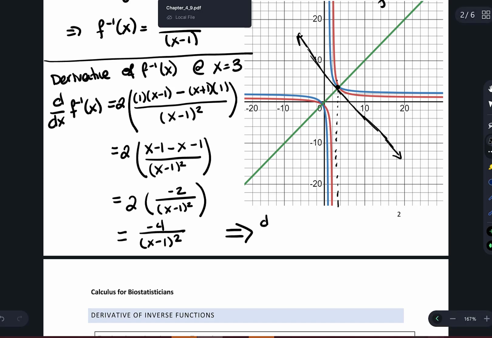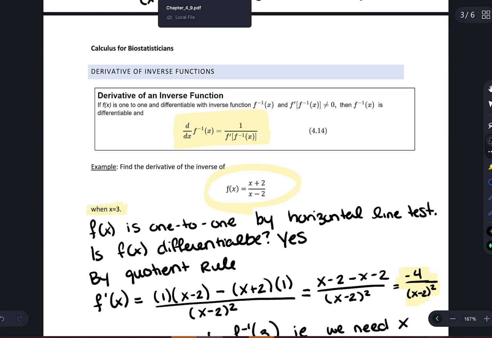So therefore, the derivative with respect to x of f inverse of x evaluated at 3 is equal to -4 over (3 minus 1) squared. And notice that's equal to -4 over 4, which is equal to -1. So whether we use this method or this method, we end up with the exact same value.